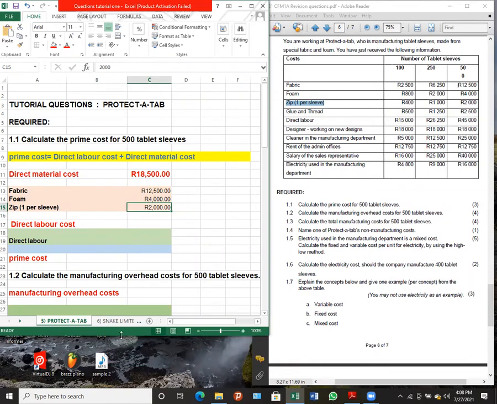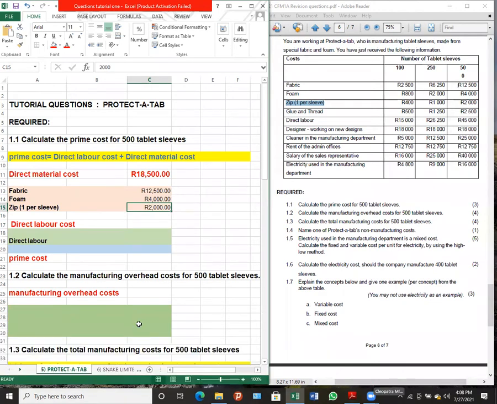To make this easy, let's discuss, because the importance of tutorial is to discuss as peers. Here I have direct labor of how much? 45,000. What about a designer? Is a designer direct labor or indirect labor? If it's not, why?